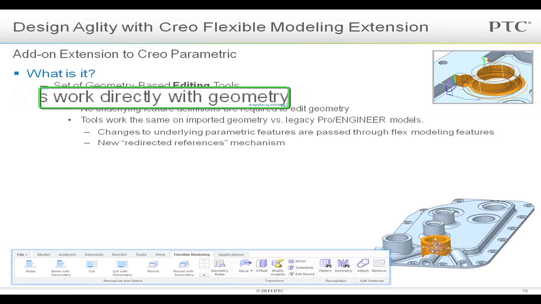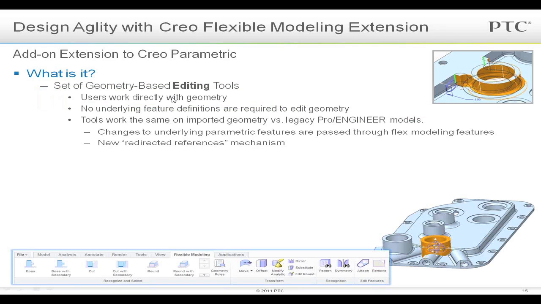You simply select existing geometry and work with it. So we don't need to worry about any underlying feature definitions. We don't need to worry about how information was put down in the first place because I'm simply working with geometry. And of course, because it's just working on geometry, it doesn't matter whether it is legacy ProEngineer content, new ProEngineer content, or indeed content from another source, whatever that may be.